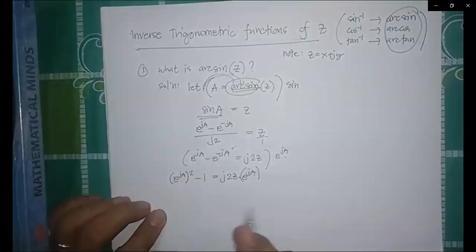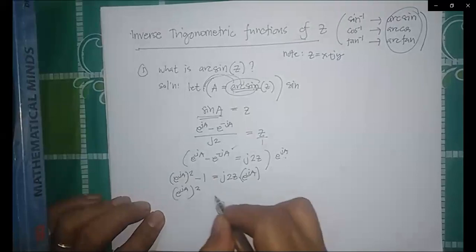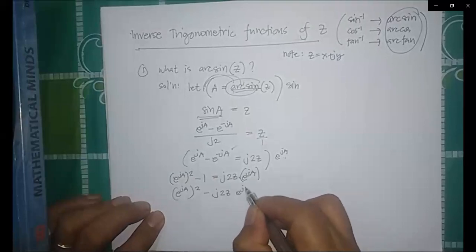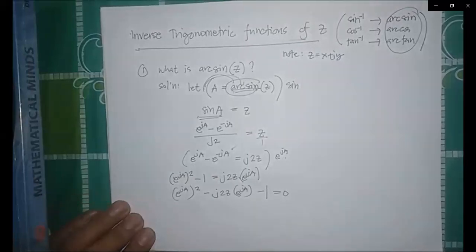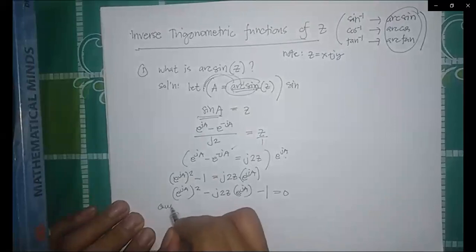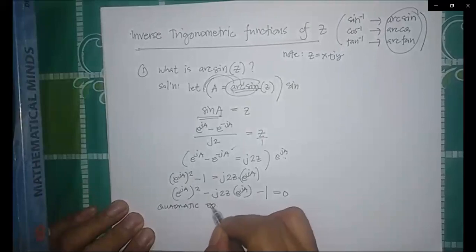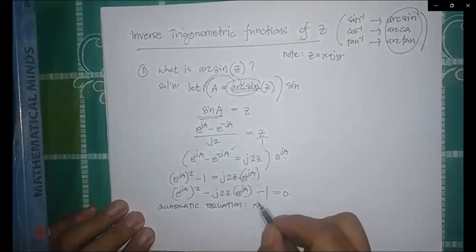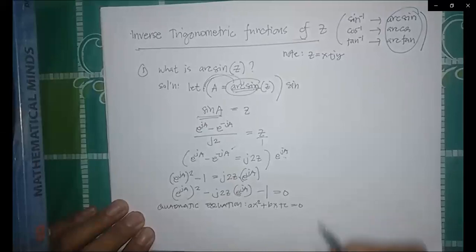Now, if we are going to equate that to 0, take note, we have now produced a quadratic equation of e raised to ja. If you can still recall, in your algebra, a quadratic equation is ax squared plus bx plus c equals 0.